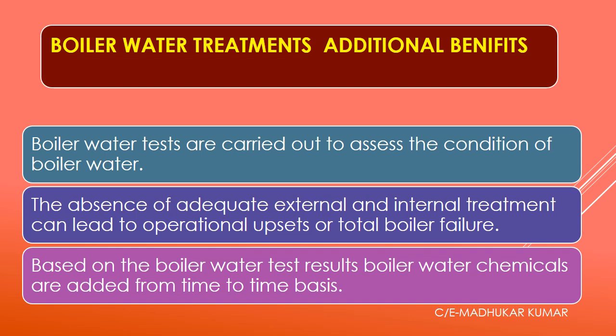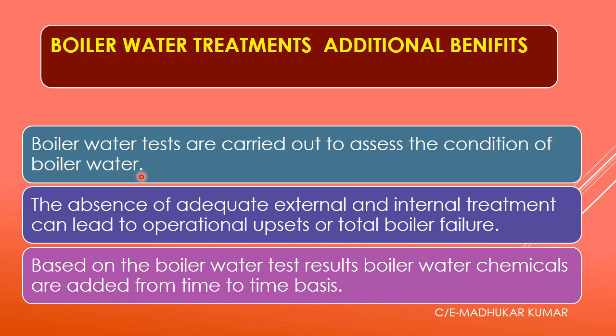Now we are going to see some additional benefits of boiler water treatment. As we have seen earlier regarding the original benefits, as you can see over here, the boiler water tests which we carry out will actually assess the condition of the boiler water.